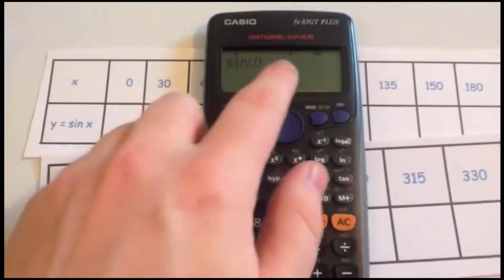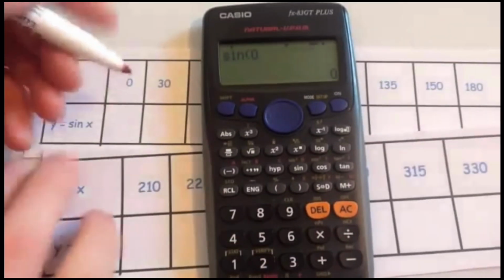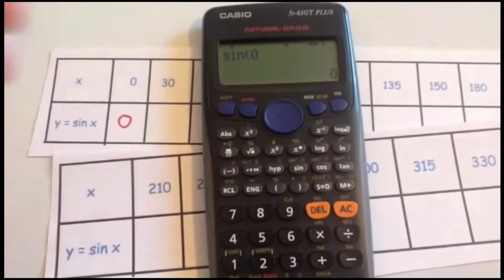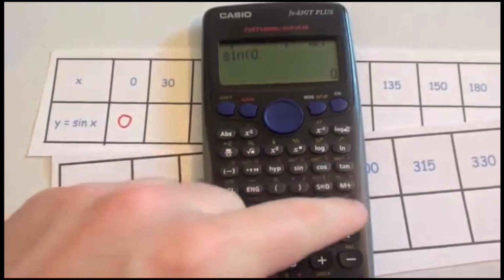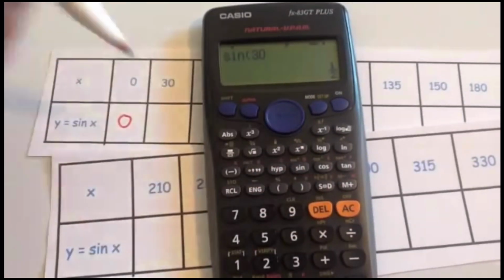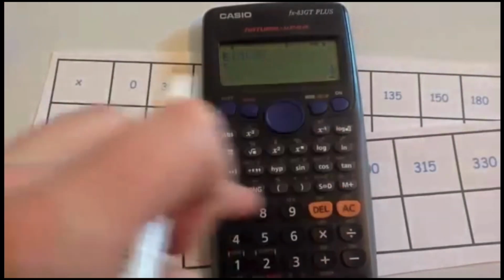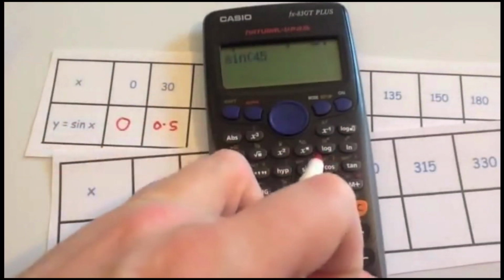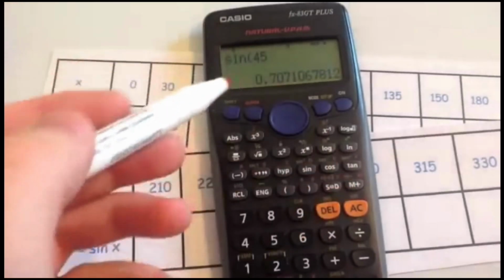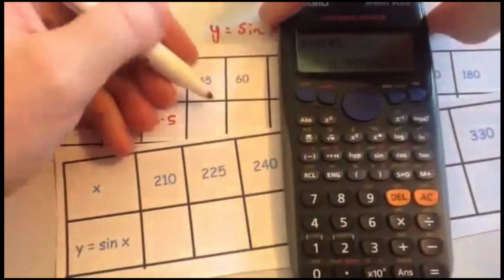Sine 0, you get 0. And then sine 30, you have to press the calculator one by one. Sine 30, you will get 0.5, right? And then sine 45, you will get 0.7071.